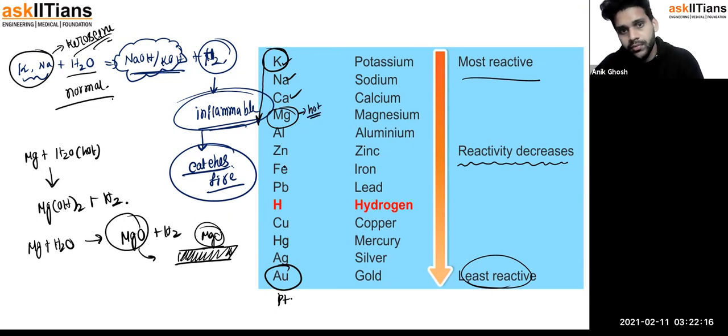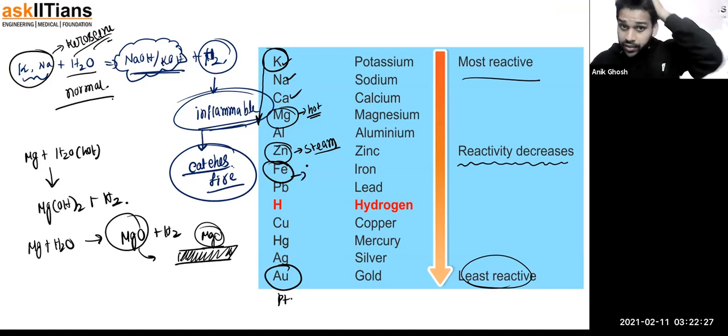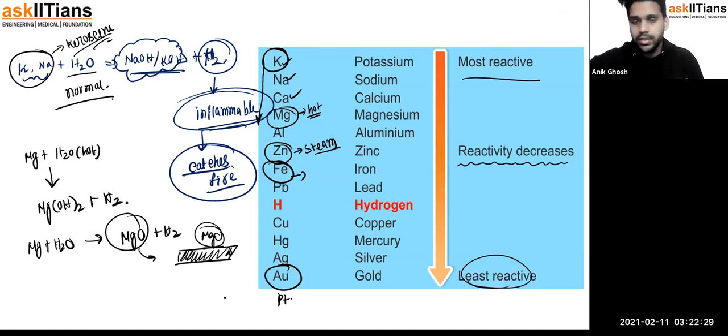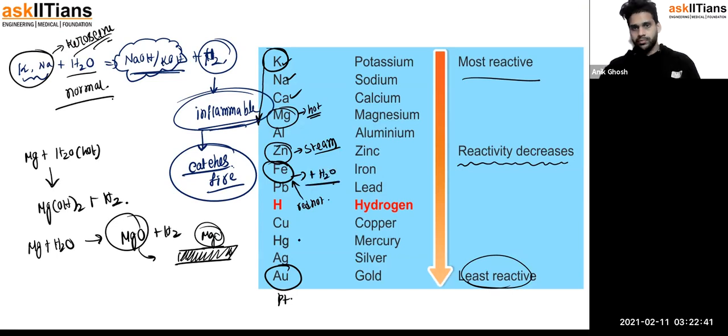Okay, for zinc, we have to use steam, and for iron, first we have to make it red hot. After that, it would react with steam, not the water, actually this is the steam only.